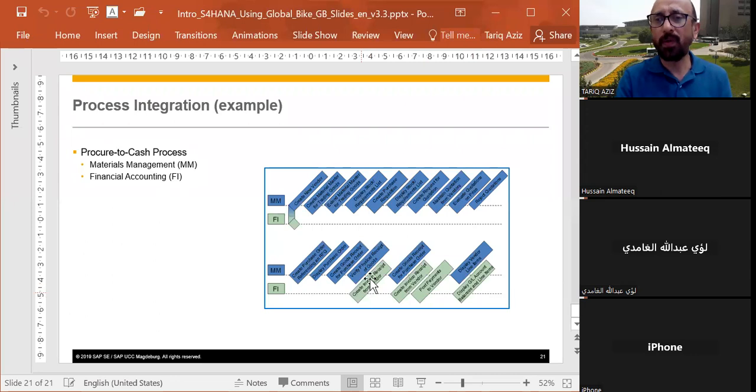When we receive the invoice, that comes in finance, and then we make the payment, that comes in finance as well. So in our purchasing department, we have two departments which are connected to each other.